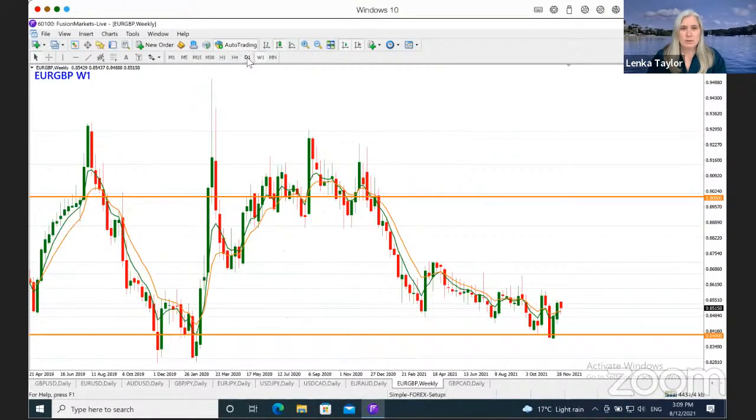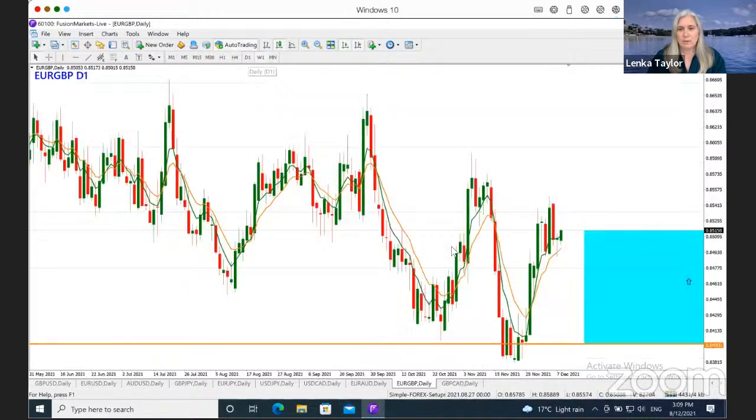At the moment, I don't have enough confirmation yet. So I am still looking for either pullback to this area, to the horizontal line, the support line, or to the bottom of this previous second last row low, and then looking for the reversal at that point.